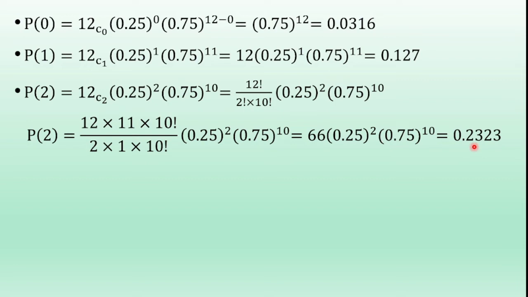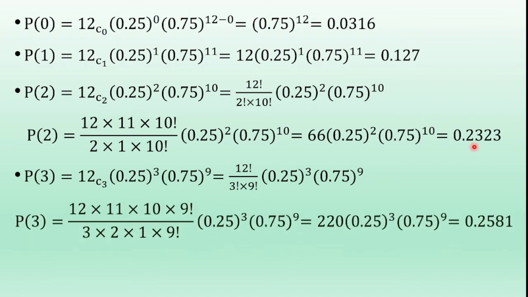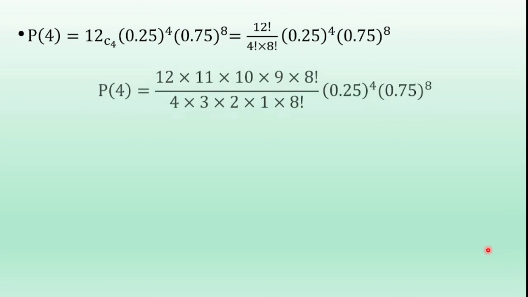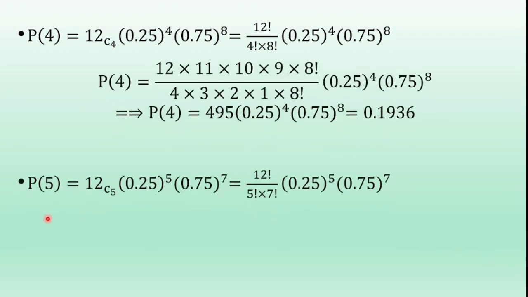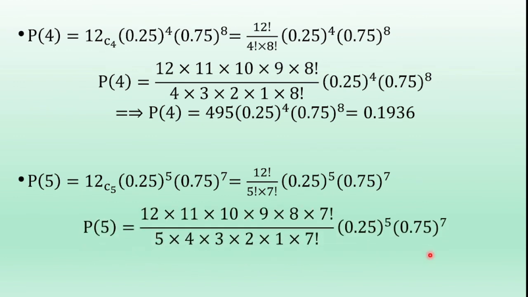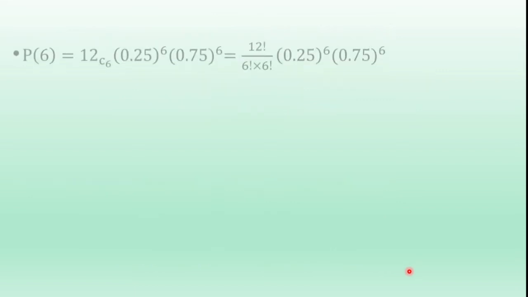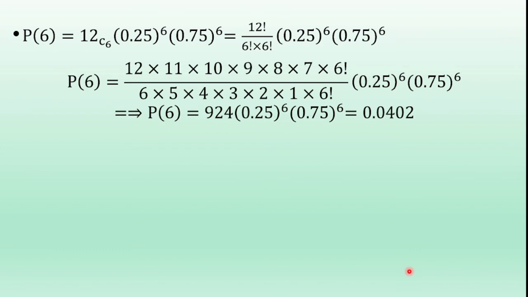its value is 0.2323. Next, P of x is equal to 3 has the value 0.2581. Similarly we can determine P of x is equal to 4, whose value is 0.1936, P of x is equal to 5, whose value is 0.1032, and P of x is equal to 6, whose value is 0.0402.